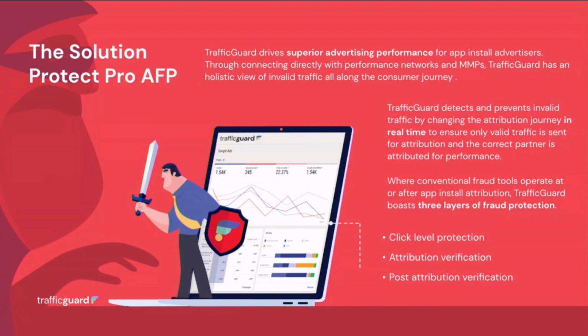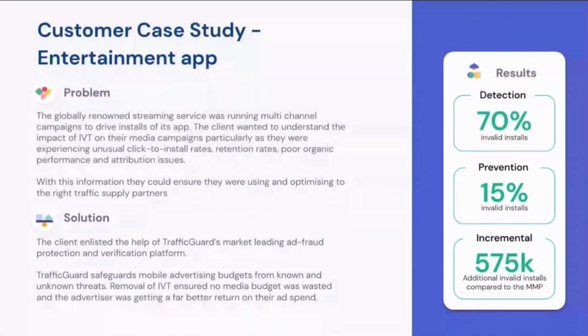And what we're then able to do is to prevent those invalid clicks from entering the attribution pool, so that we only attribute based on real data. And we do this for some of the world's leading mobile app advertisers and leading affiliate advertisers.